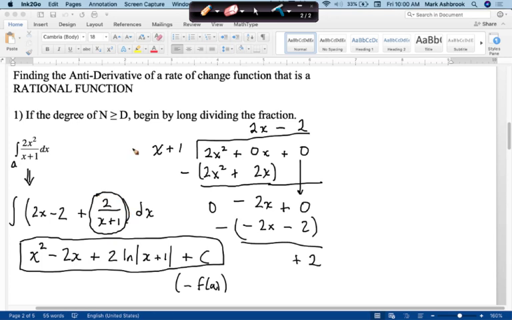The 2 over x plus 1 is easy, but maybe you end up with another rational function where n is less than d, and it's not immediately apparent how to do it. That's what we're going to work on next. Questions on this long division example? Anybody have a question?